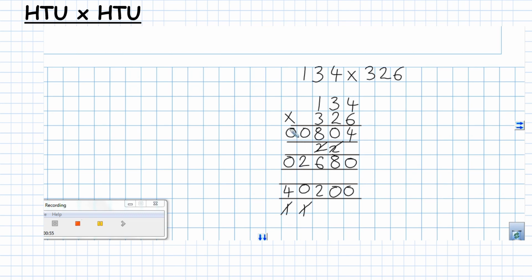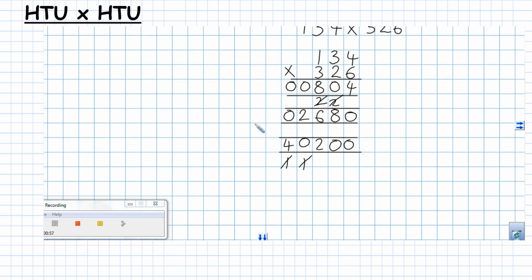Fantastic. And then we're going to add them all together. So that makes 4, 8, 16, 3, and then 4. 43,684.